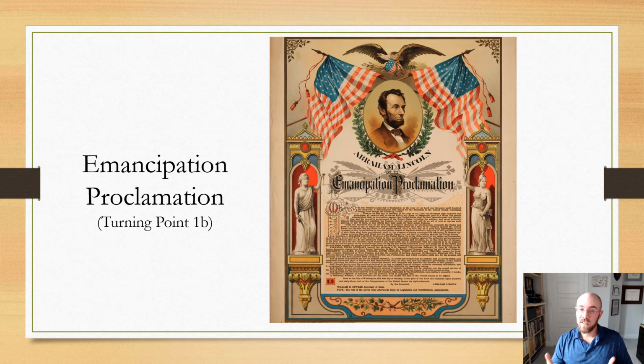So Abraham Lincoln says, okay, this is a kind of a position of power, so we're going to issue the Emancipation Proclamation. We're going to set all the slaves in the Confederacy free, and wherever a Union army goes, we're going to free those slaves. So we're hoping to deprive the South of their labor resource in slaves.